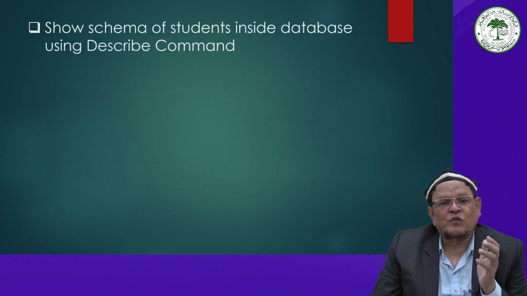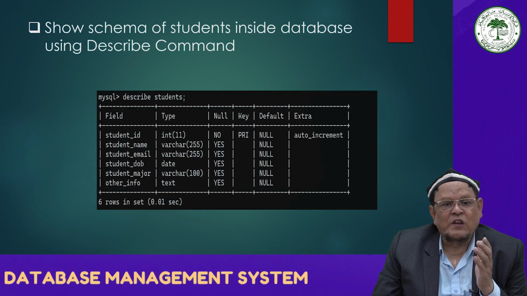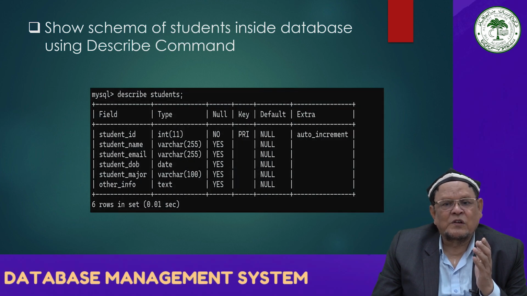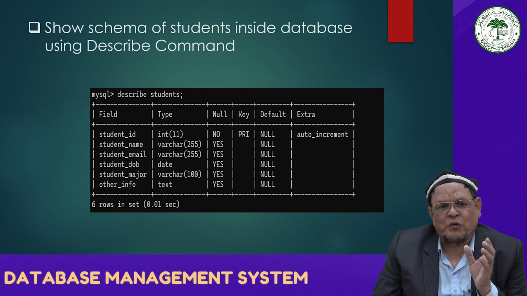When you want to see the schema of the student table, on the screen I have written how you will see the table you have created. I have already explained the describe command.